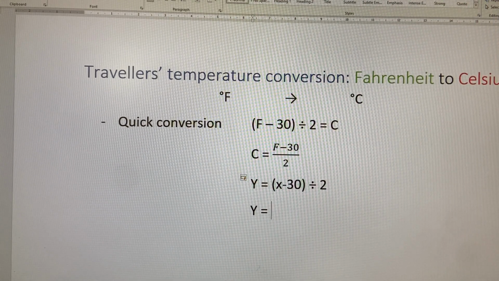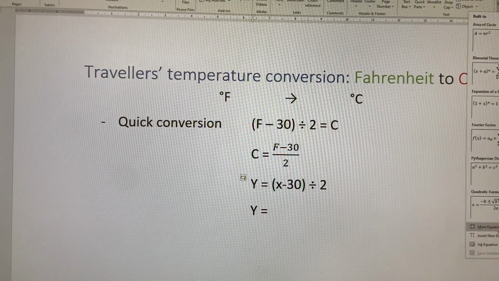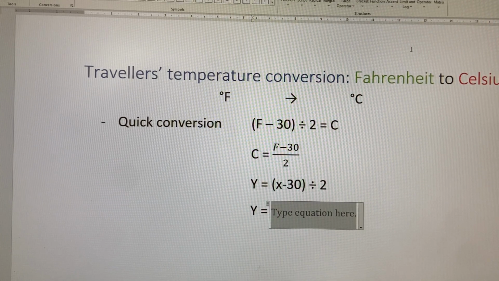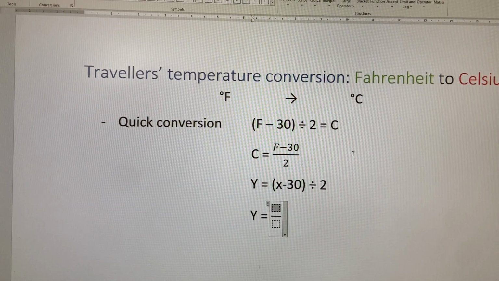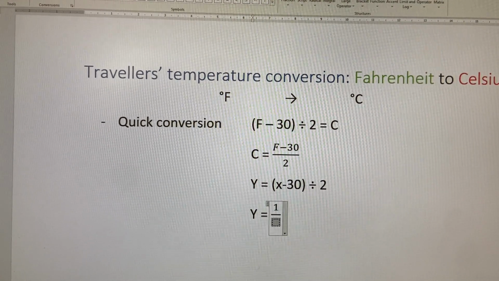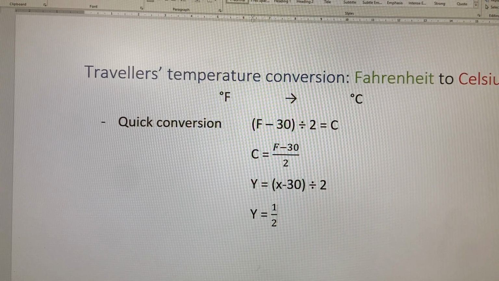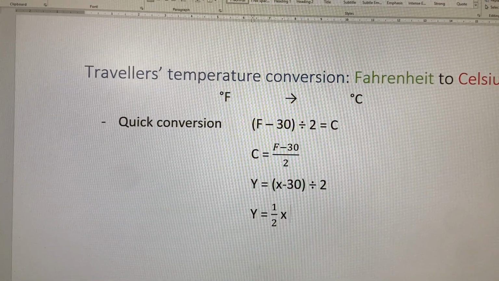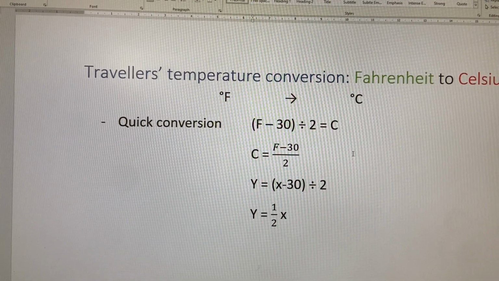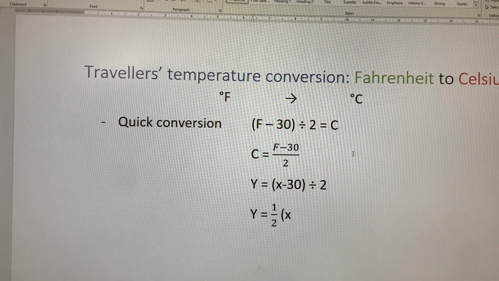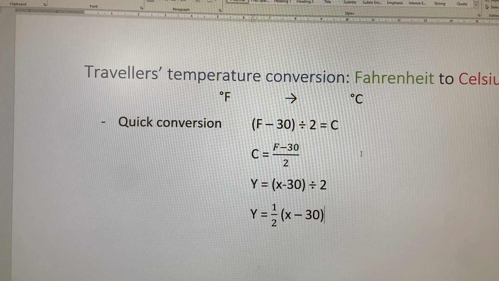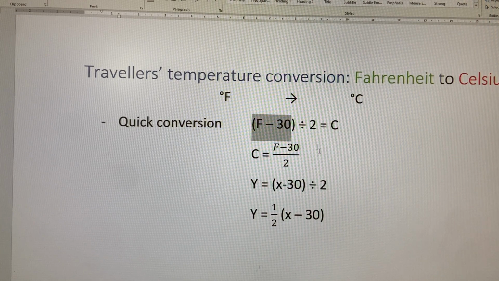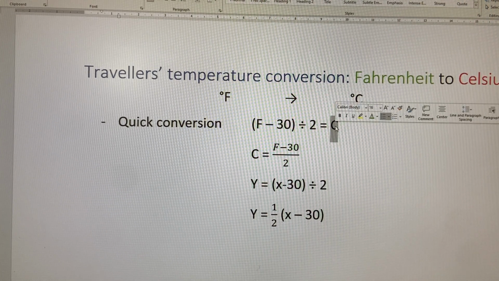Insert the fraction here, and the fraction will be that divide by 2 is that fraction, 1 over 2x, but it's not quite x, it's x minus 30, something like that. Okay, so these are all different ways of writing the same thing. So you subtract 30 first, and then you divide by 2 to get your Celsius degrees.